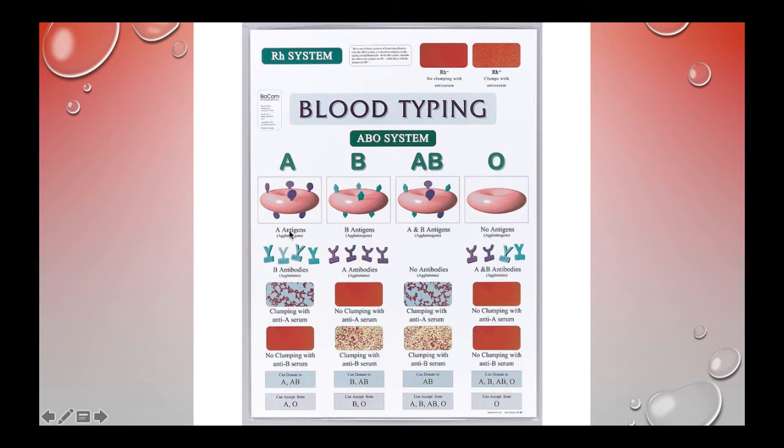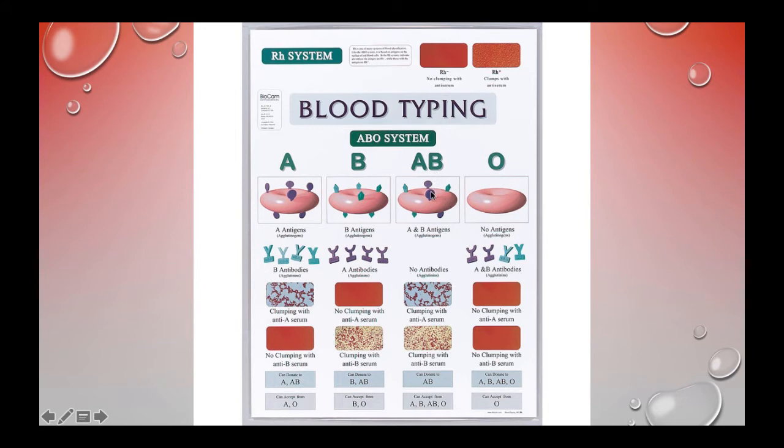However, again, remember that you do have some of those B antibodies, so in a limited amount. Okay. If you were type B, then you can donate to an individual that's B, or again, in a limited amount to an AB individual. If you're AB, then you can only donate to AB, okay, because you express both the antigens on the surface.